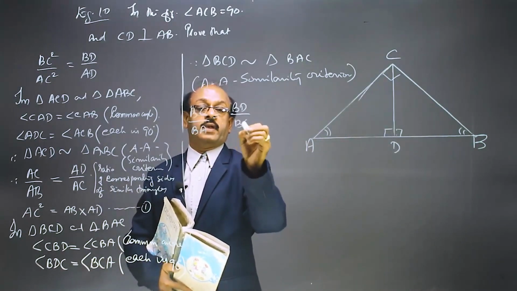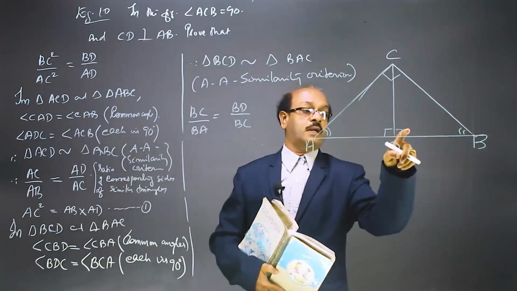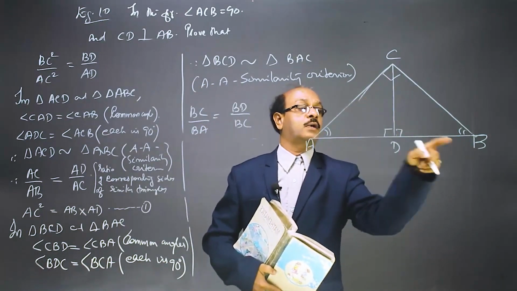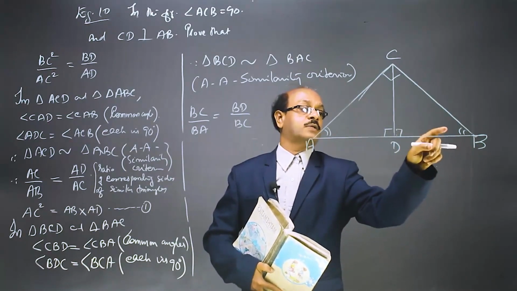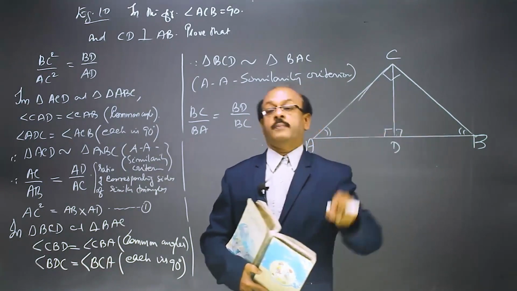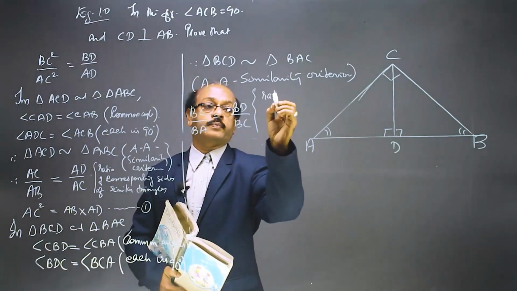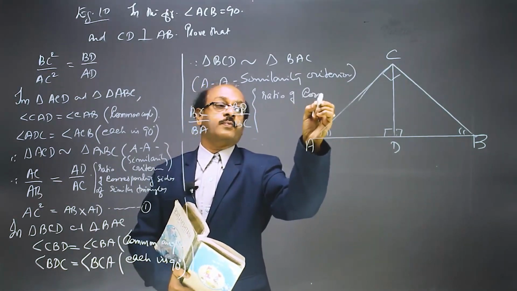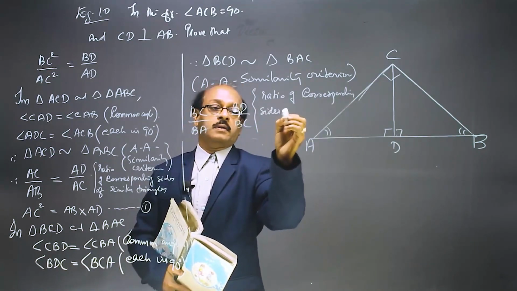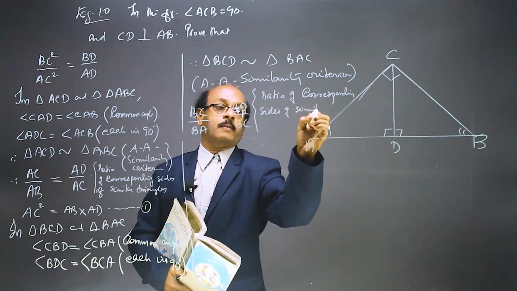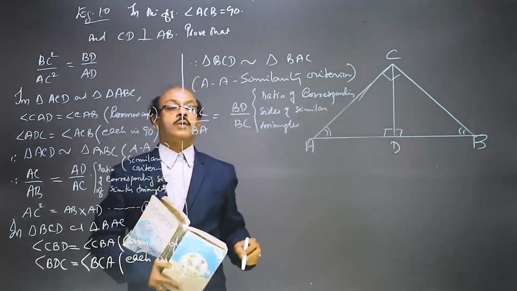BD and BC are the sides joining the common angle and the 90 degree angle. Reason: ratio of corresponding sides of similar triangles.